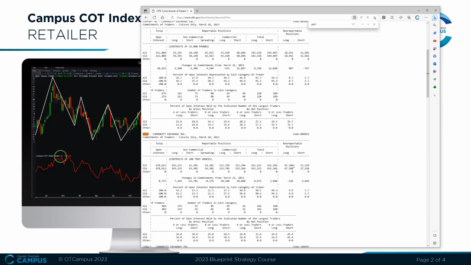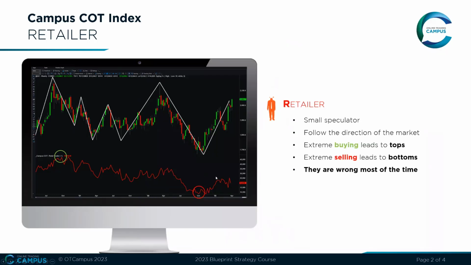And then the non-reportables, the longs versus the shorts, is what would flow into the retailer graph here. So again, we'll have a Campus COT retail trader, and that will track the net positions of the retail traders.